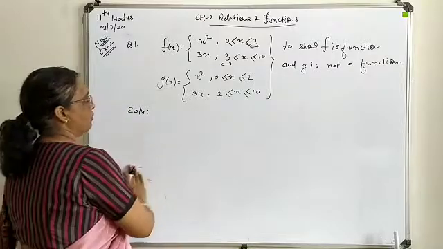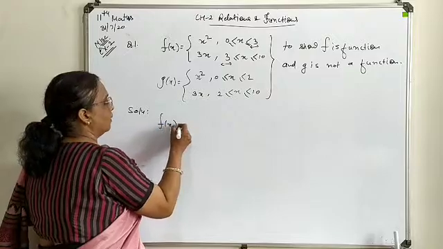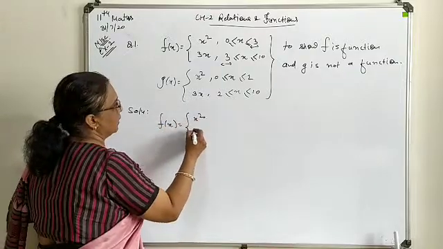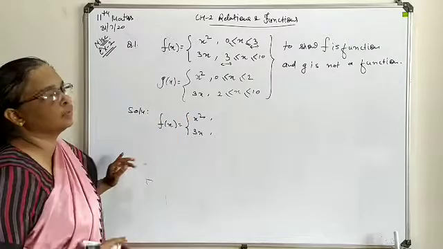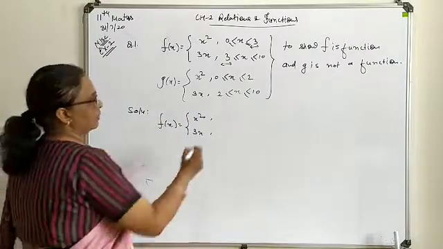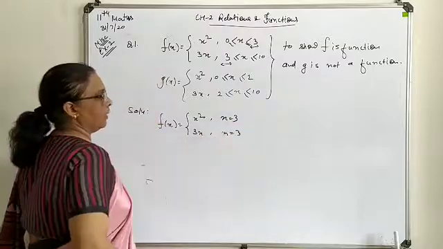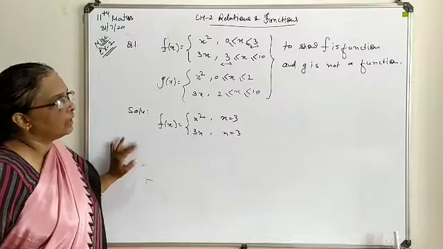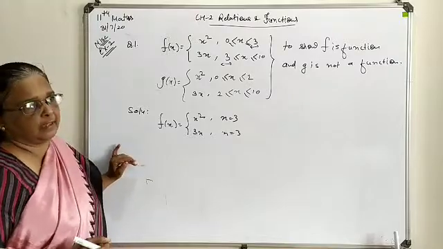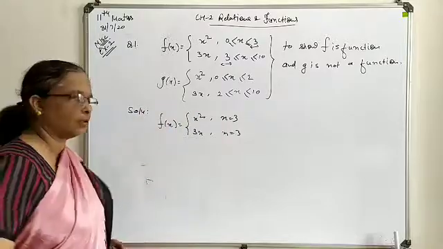So for the first function, with x squared and 3x, we will check the intermediate value, x equal to 3. If these two values come out the same, f is a function, meaning for one value you have a single answer only.